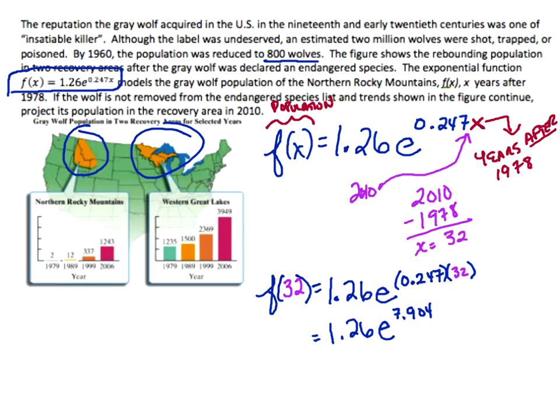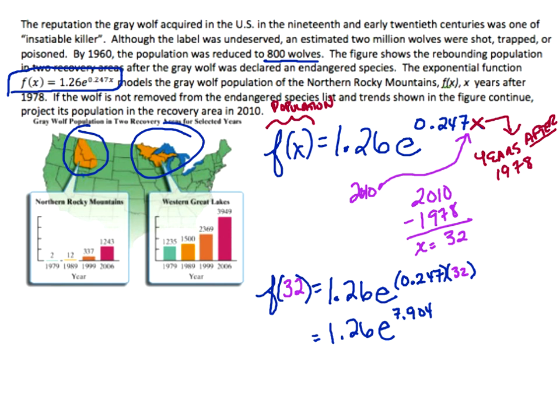All right, and then I just put that into my calculator. 1.26 times e, I'm looking on this particular calculator, okay, there is e to the x. Let's see, so shift e to the 7.904. Let's see what we get. Oh, it's giving me a syntax error because I don't have my good calculator.